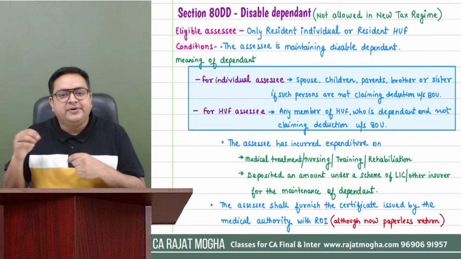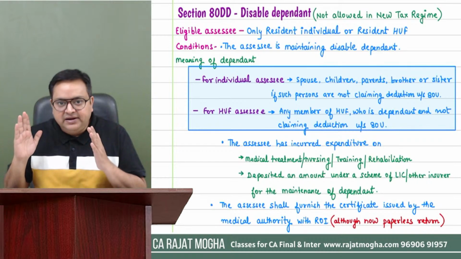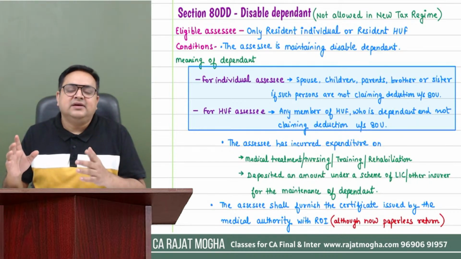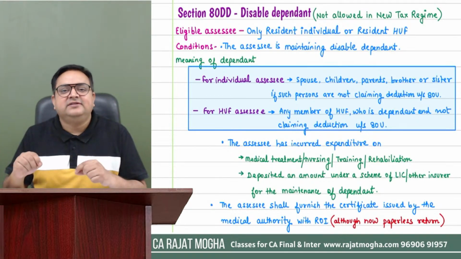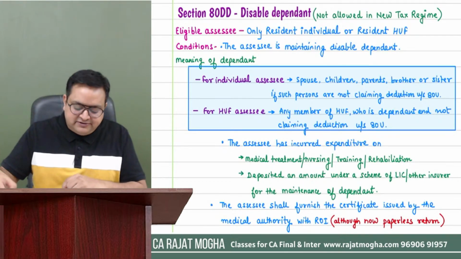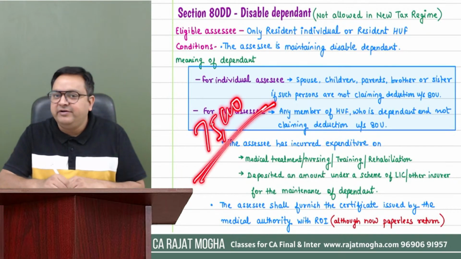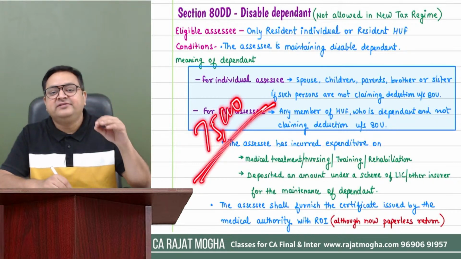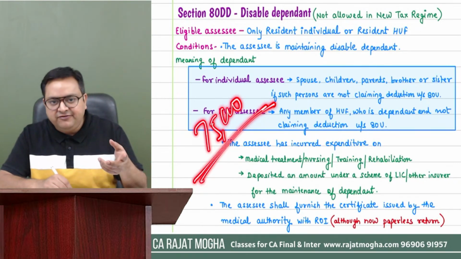If the assessee has a brother who is disabled, mentally retarded or suffering with some disability, and the assessee is maintaining that person, then the assessee can claim a flat deduction of 75,000, but has to furnish a certificate while furnishing their return of income.